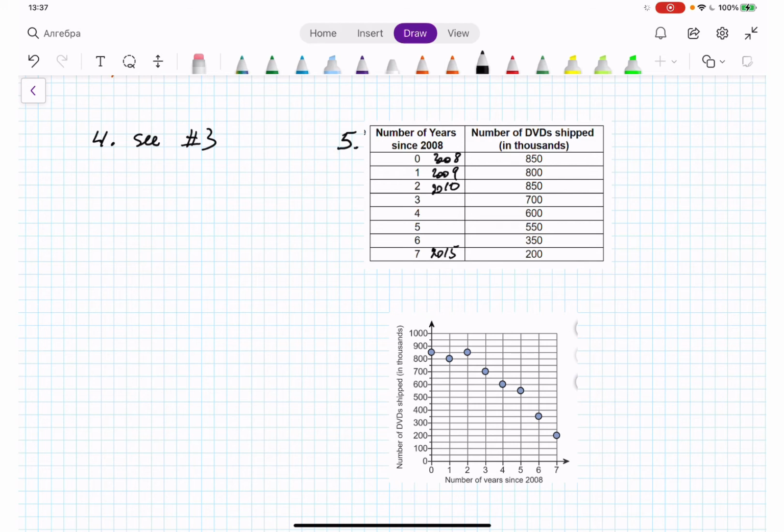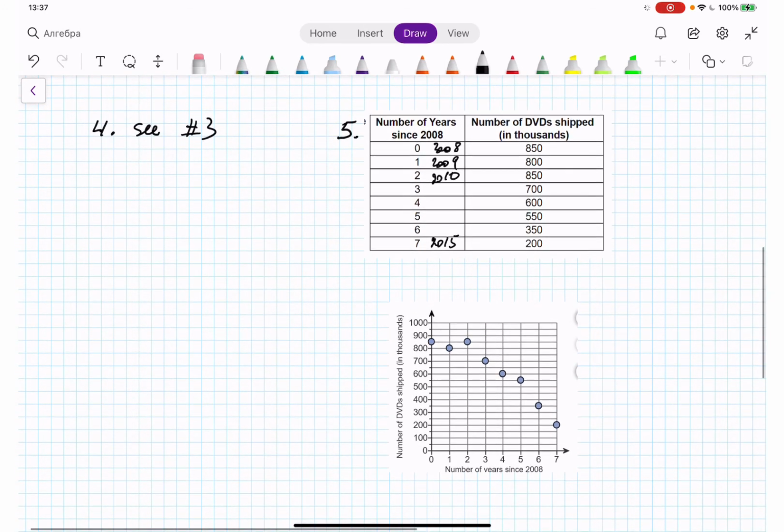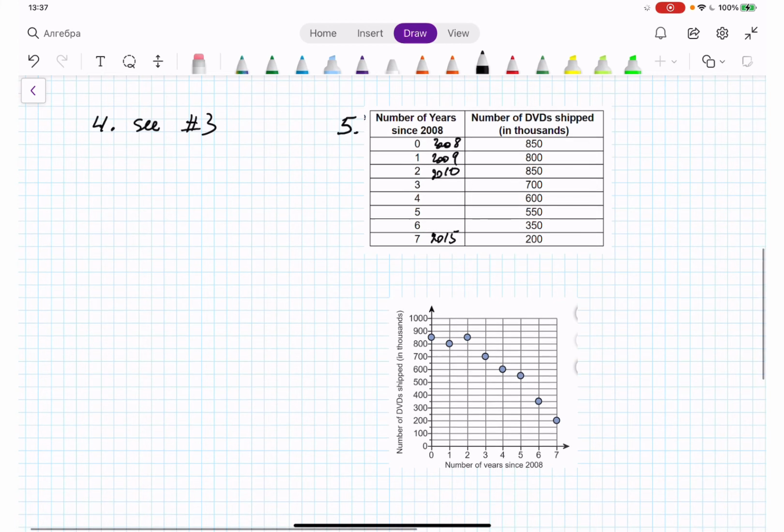So we need to build a graph. What we are doing, taking 0, 850, so here is our x 0, and 850 is coming here, right? Next, 1 and 800. Here is our 1, we're moving up, and we got 800. Next, 3 and 700, no, 2 and 850, okay. 2 and coming 850, and so on.